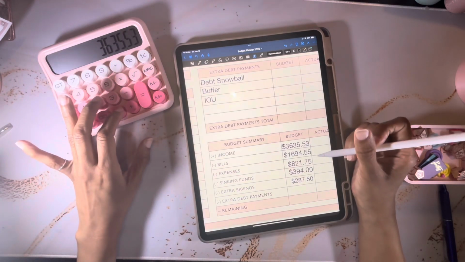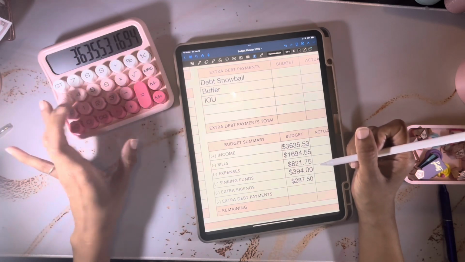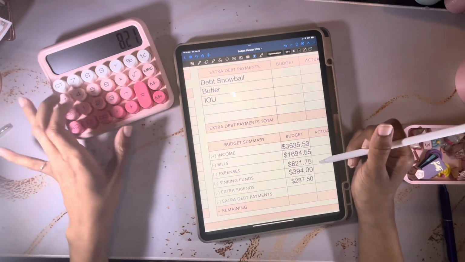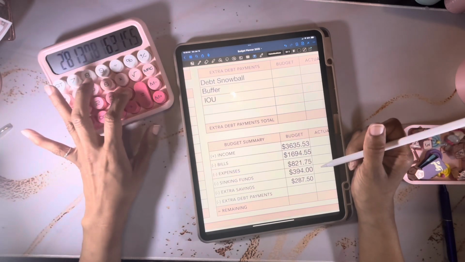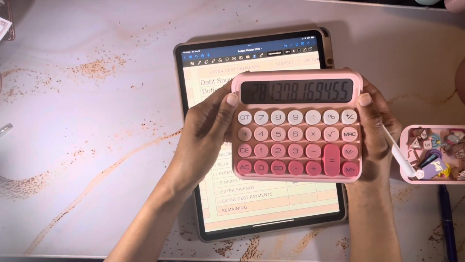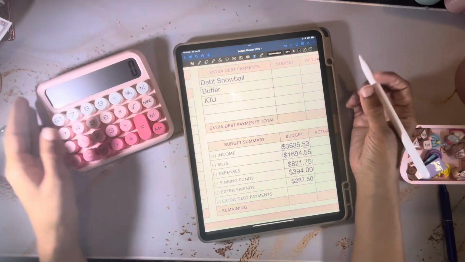So let's see, 3635.53 minus 1694.55 minus 821.75 minus, what? How did I get this? What in the world? Okay, let's start over. I wasn't even paying attention.